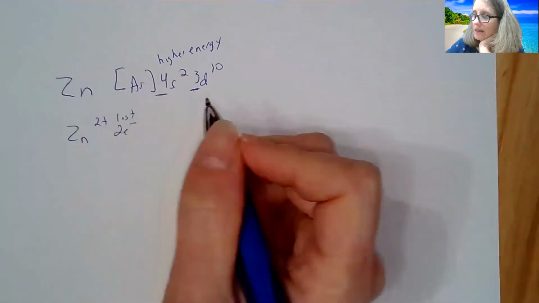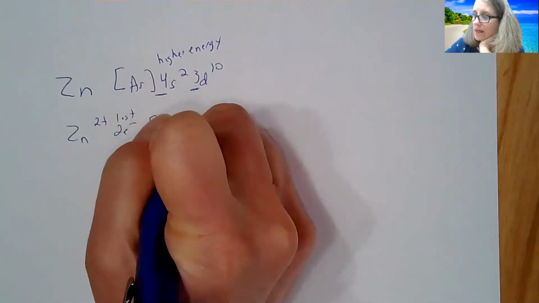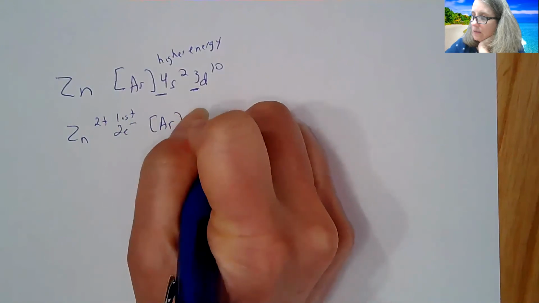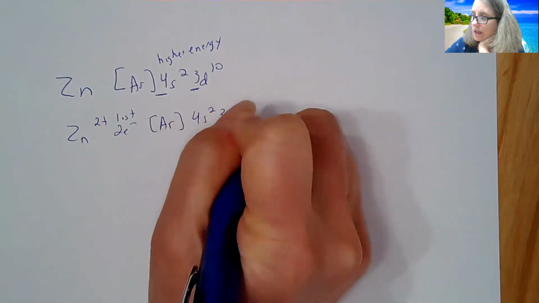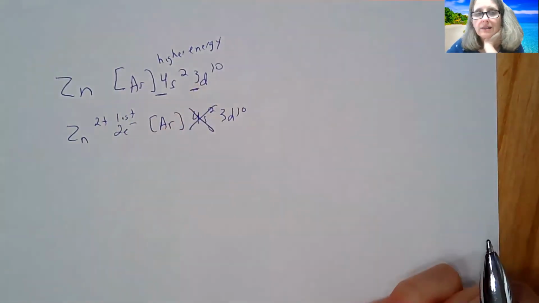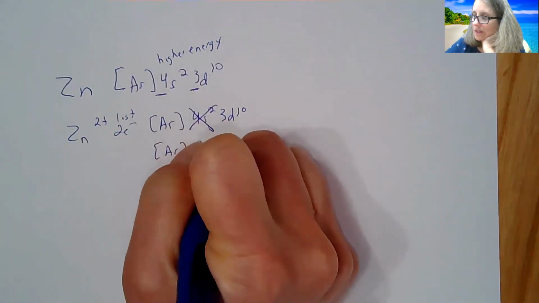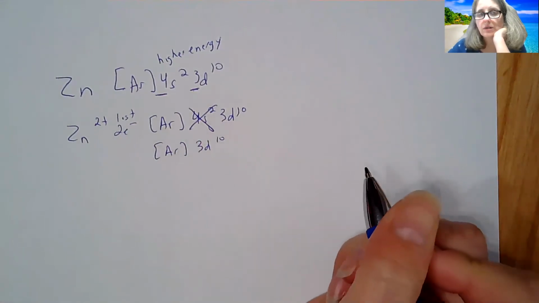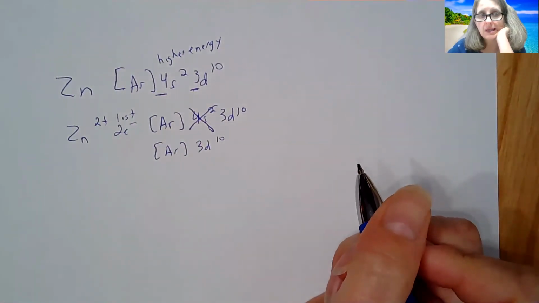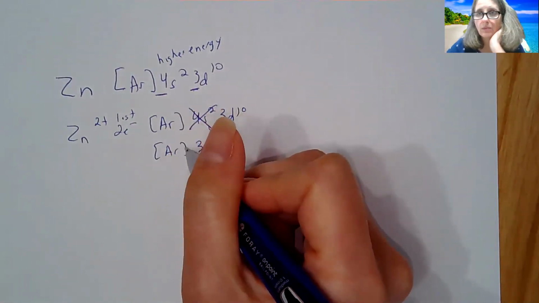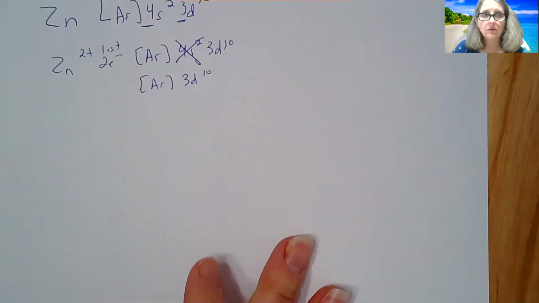So if I'm writing the configuration of zinc 2+, I write argon. And what you could do, this is a nice shorthand that I'm fine with, you could just cross out the 4s2. Or if you like the neatness of it, you could just recognize the 4s goes away and you are left with the 3d10. I'm okay with the cross out because that shows me that you understand how to do that.